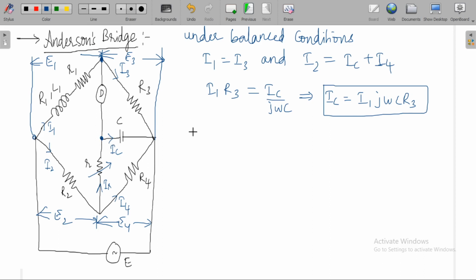So I1 times R1 plus j omega L1 is equal to I2 R2 plus IC R. This is equation 1.